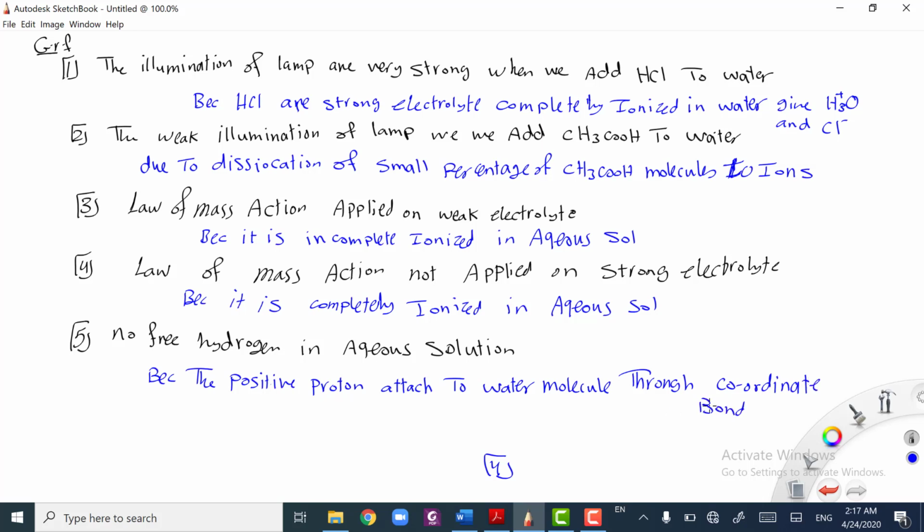Let's explain it. The free hydrogen ion has an empty orbital; there is no electron in it.